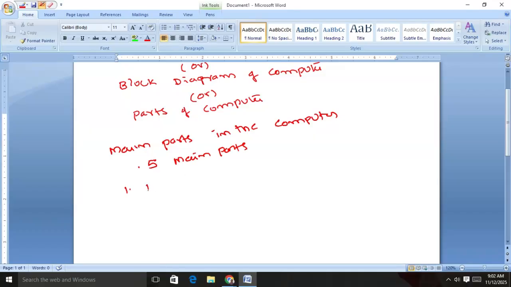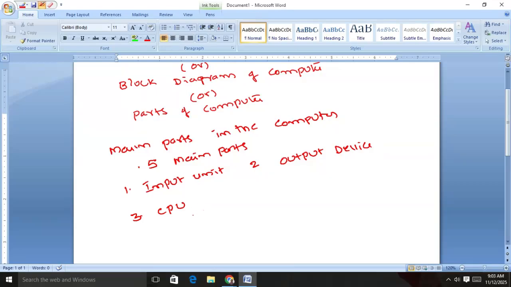One, input unit or input device. Two, output device or output unit. Three, CPU.